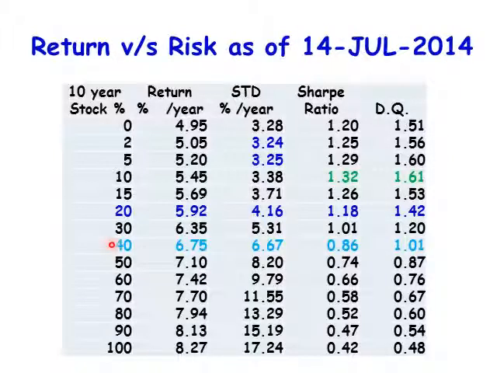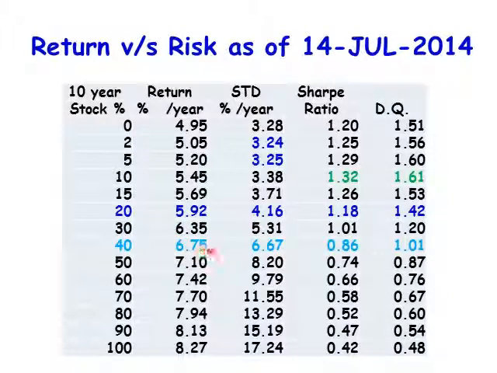At 40% allocation to stocks, returns are 6.75% per year based on 10 years ending 14th July 2014, and standard deviation is 6.67%.